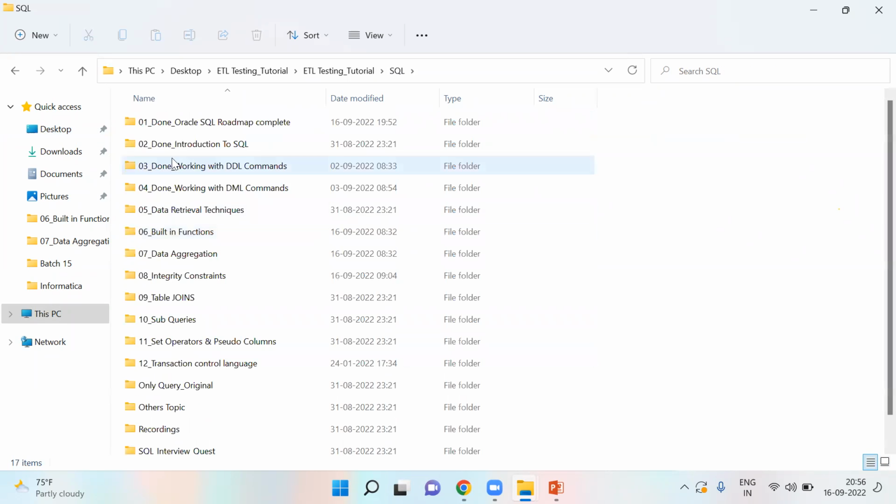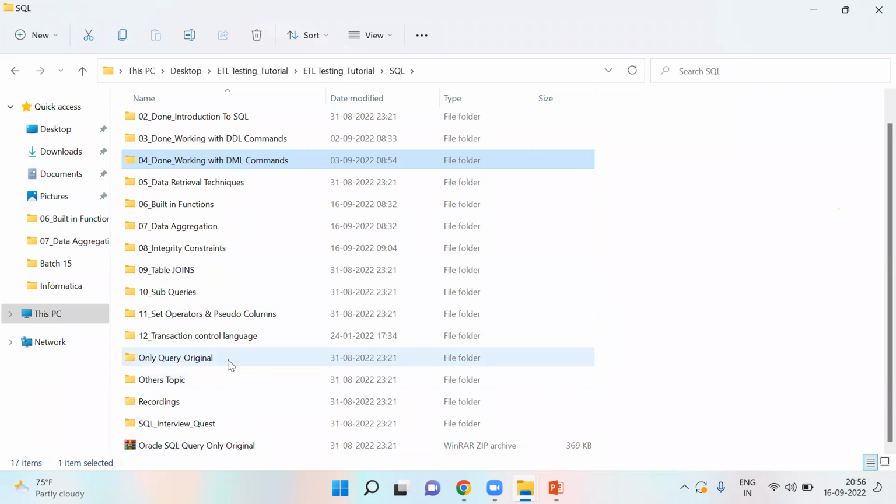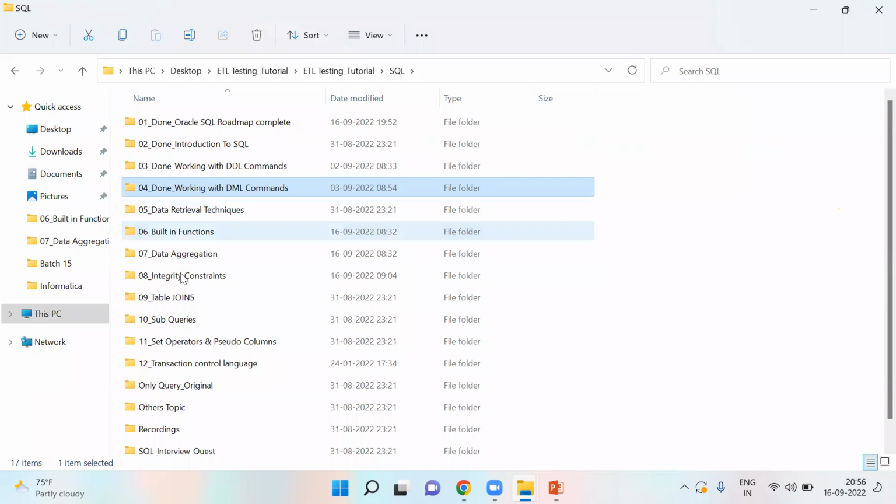Your roadmap is completed, then introduction will go, then we'll go for data retrieval, then DDL and DML. All these topics one by one we'll complete till the end, and will help you to crack the interview as soon as possible.